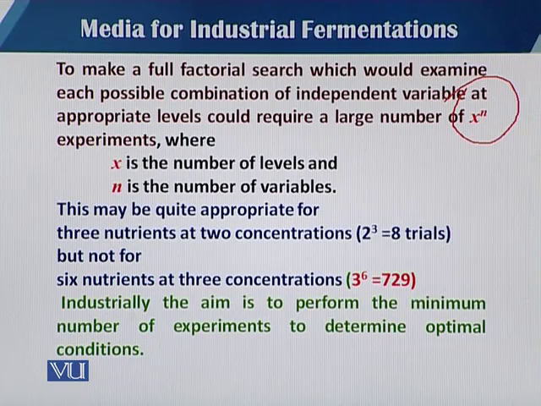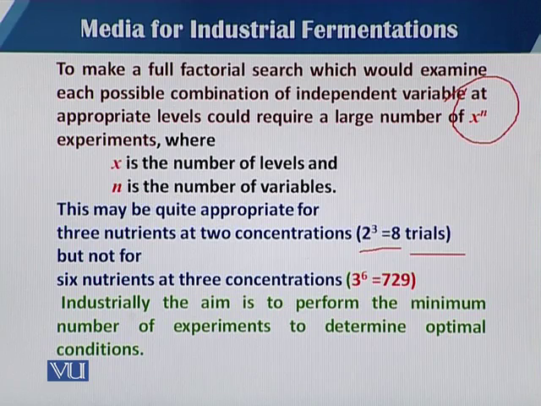For example, if there are 3 nutrients, suppose carbon, nitrogen and phosphorus, and 2 concentrations of each nutrient, then we have to conduct 8 trials, by putting in the formula 2 raised to the power 3, which gives 8. So for 3 nutrients with 2 concentrations, we need 8 experiments.